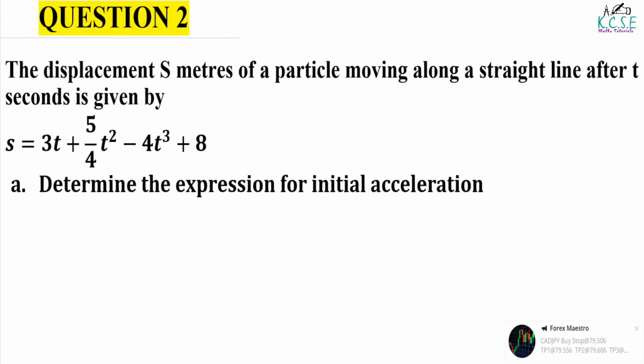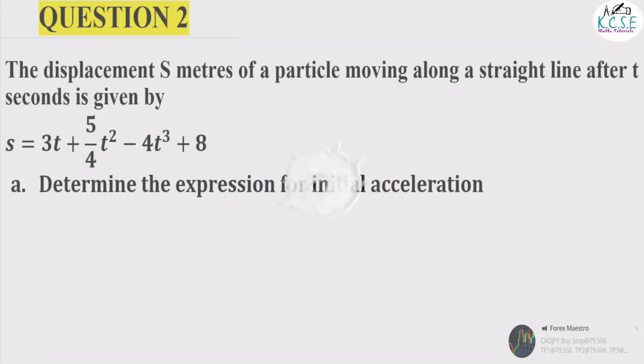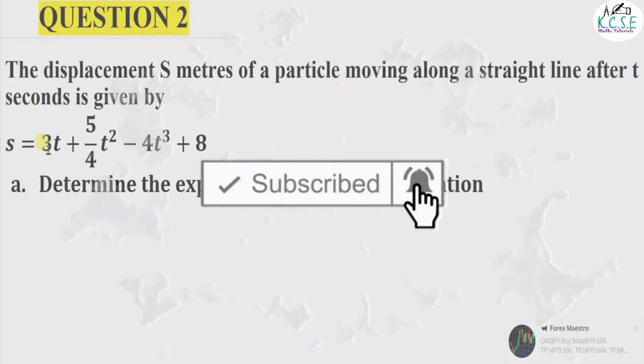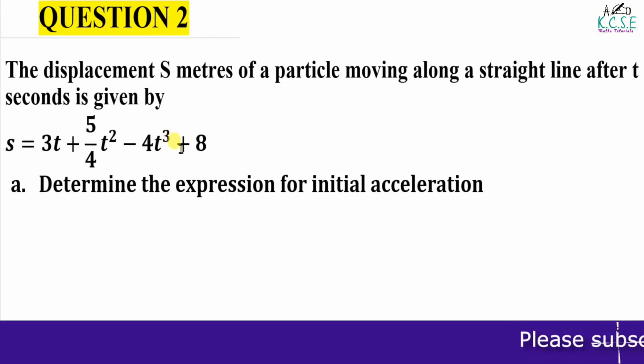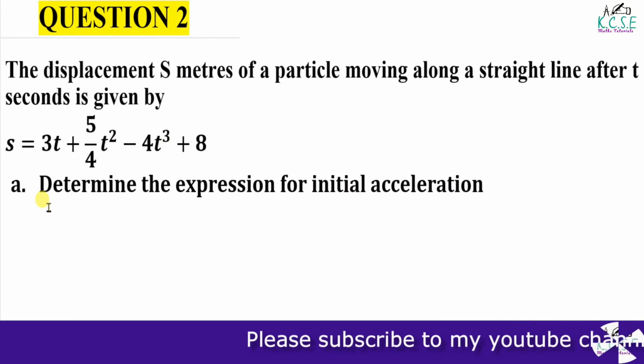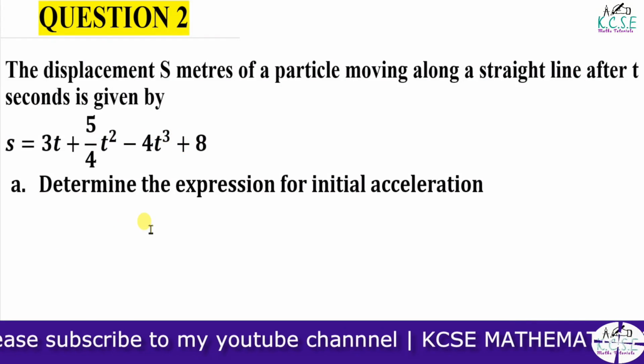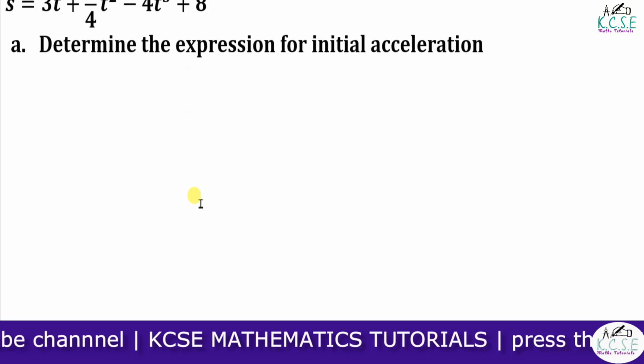Question number 2. The displacement s meters of a particle moving along a straight line after t seconds is given by this expression: s equals 3t plus 5 over 4 t squared minus 4t cubed plus 8. Part A: determine the expression for the initial acceleration.